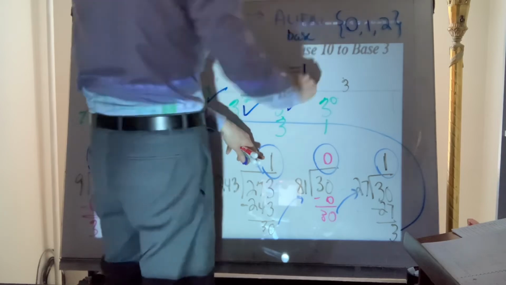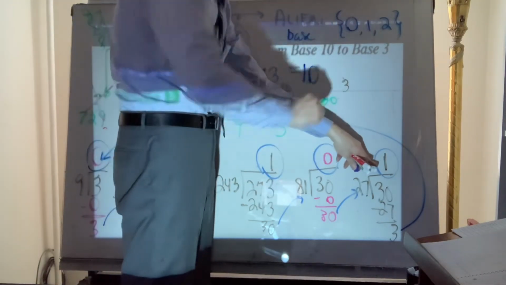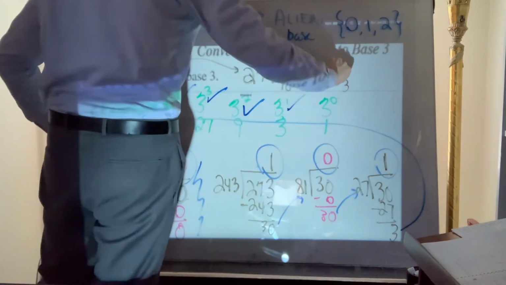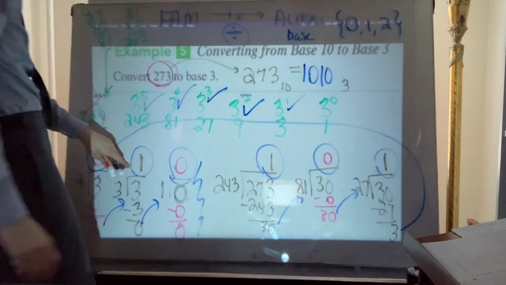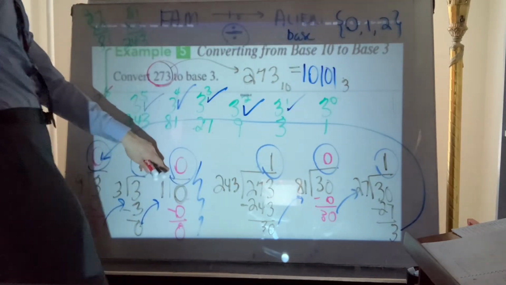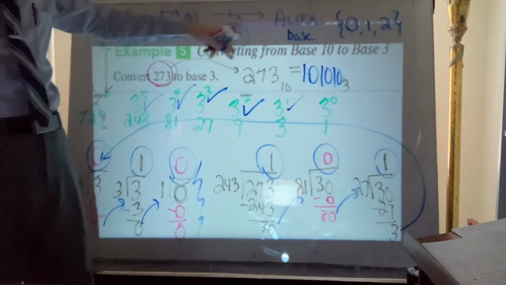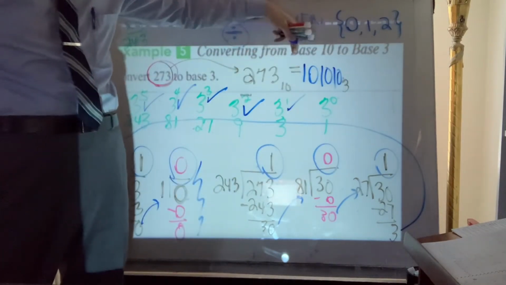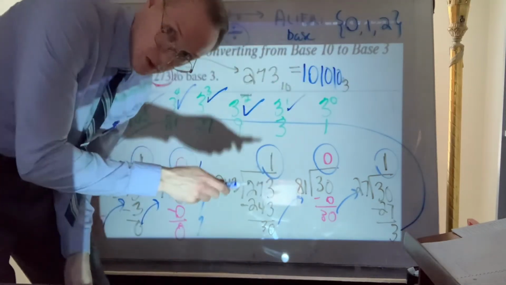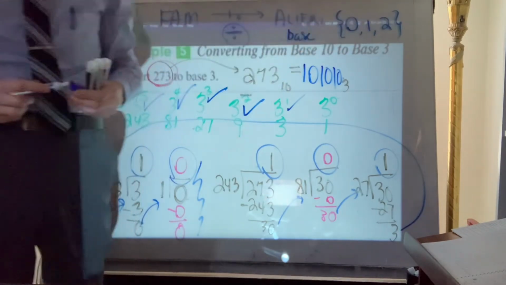So it's 1, second digit 0, third digit 1, fourth digit 0, fifth 1, last 0. The ordinary number 273 is 101010 in base 3. It just looks weird because that's the only things you're allowed to use. 2 just didn't get used.